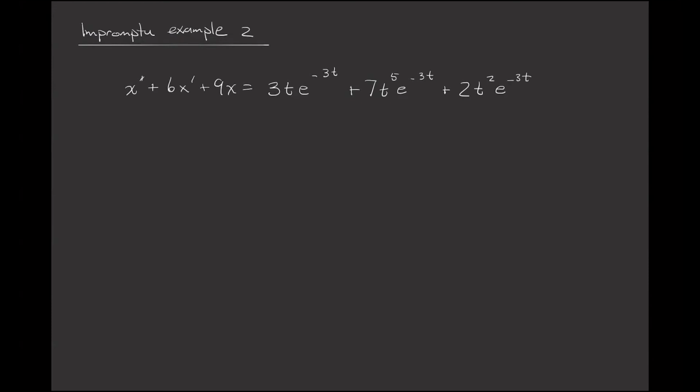Okay, say we had this. Now I'll just tell you right away, the complementary solution is going to be c1 e to the negative 3t plus c2 t e to the negative 3t. And I'll point out that you've got repetition here.